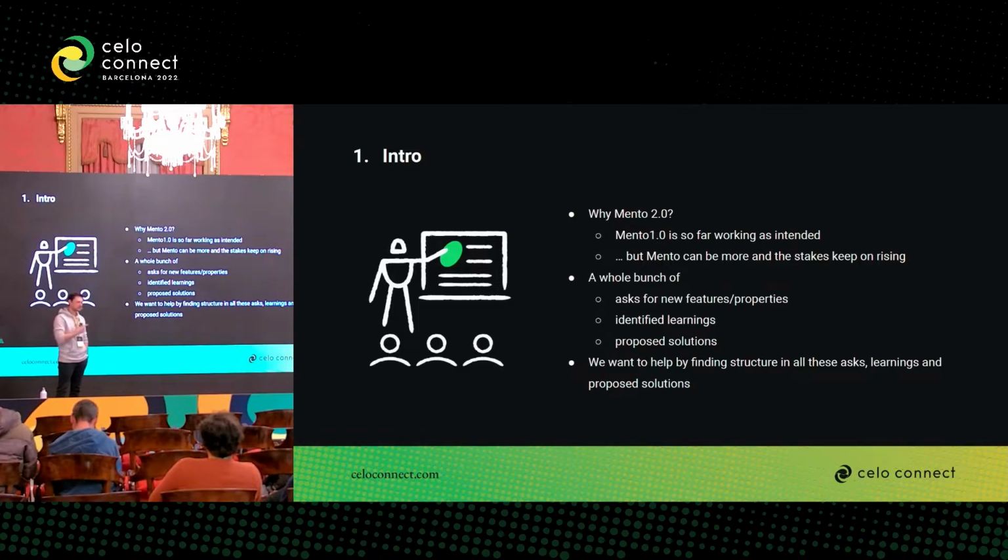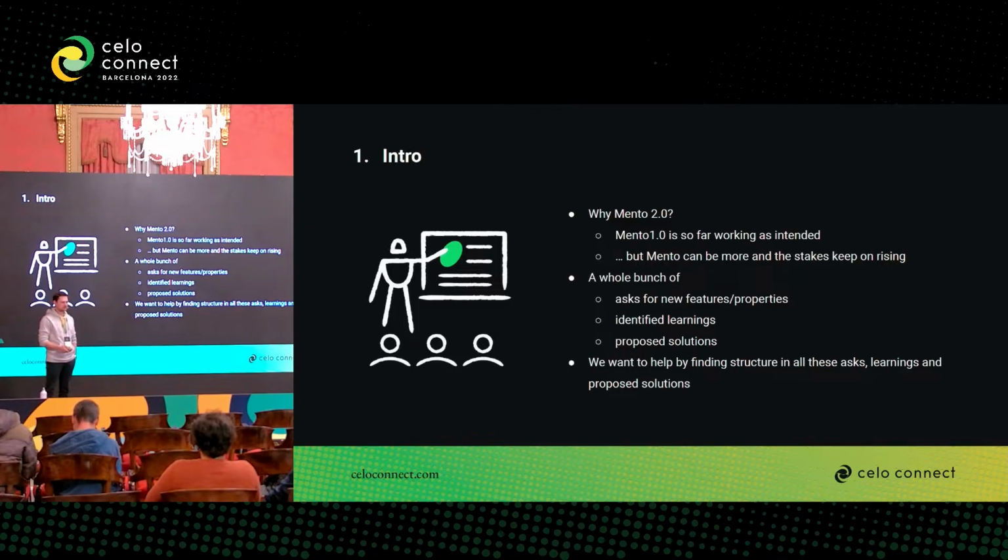And interestingly, we also want to structure the proposed solutions that are out there, because whoever you talk to, everybody kind of has an idea about what we should do to improve Mento, right? And again, understandably so, the perspectives are super different. People always come from a certain angle, and they usually say, well, this is what we should do, this will solve all our problems. But of course, other people might disagree with that. So we're in the position that we get all this brain dump from all sides and try to find structure here to make this community effort a bit easier.